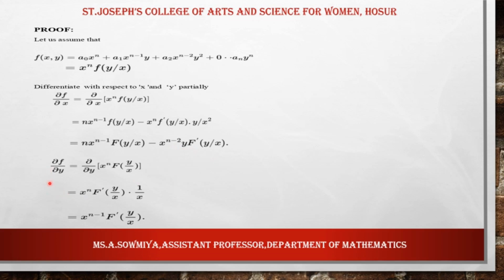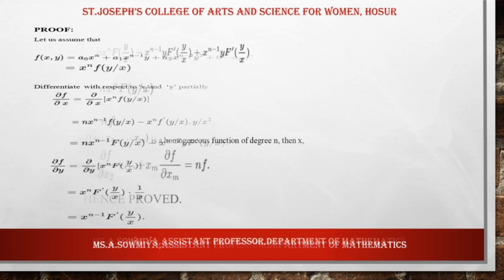Dou f by dou y equals dou by dou y. For this f function, we should substitute this function x power n f of y by x partially with y. X power n f dash of y by x into 1 by x. Next, x power n minus 1 into f dash of y by x.